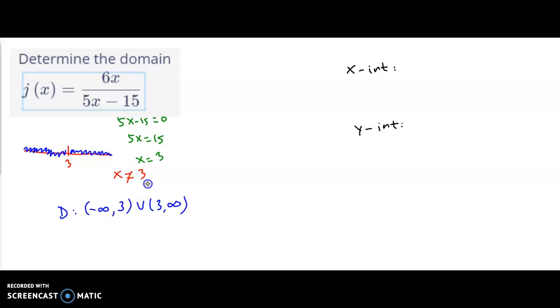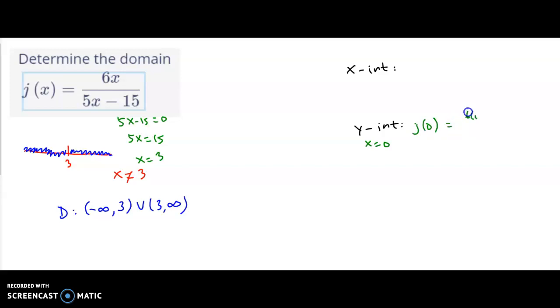Okay. Now, two things I wanted to go over are reviewing x-intercept and y-intercept for these types of problems. I'm going to start with the y-intercept. All right, y-intercept means that x is equal to 0, which means I'm plugging in 0 into my equation for x.